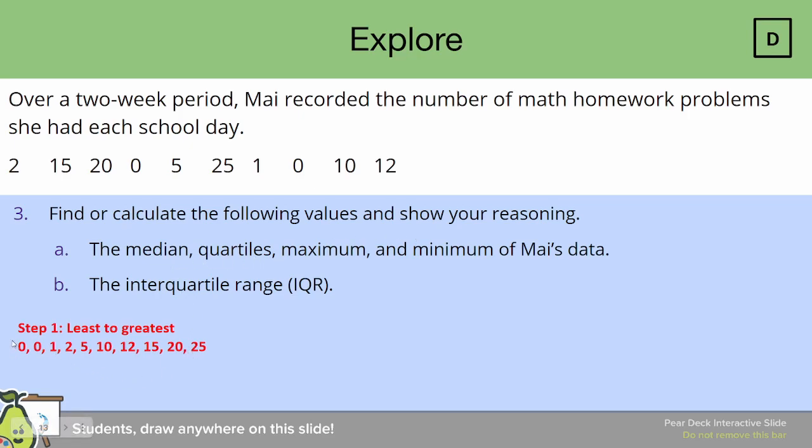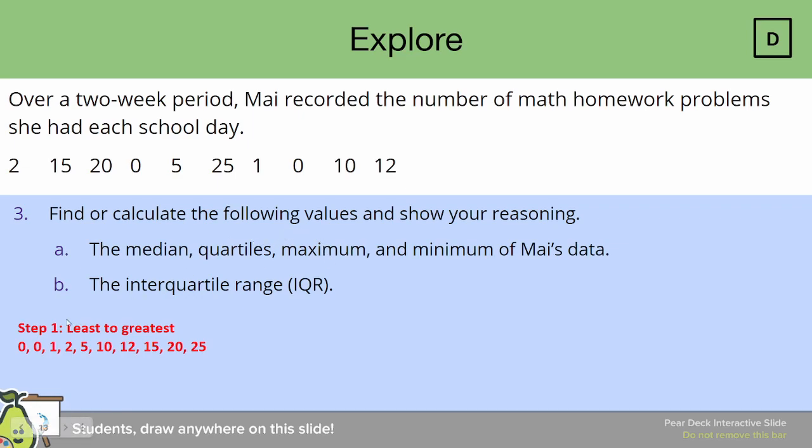And we can check that we have exactly 10 numbers: 1, 2, 3, 4, 5, 6, 7, 8, 9, 10. Excellent. So at this time, we have organized our numbers from least to greatest, and now we can use this to our advantage to find things like the median, the quartiles, the min, and maximum.